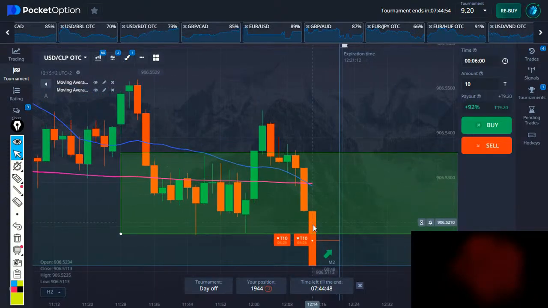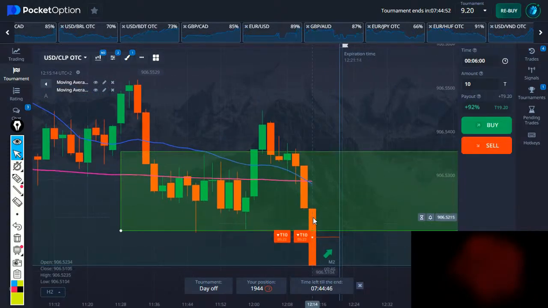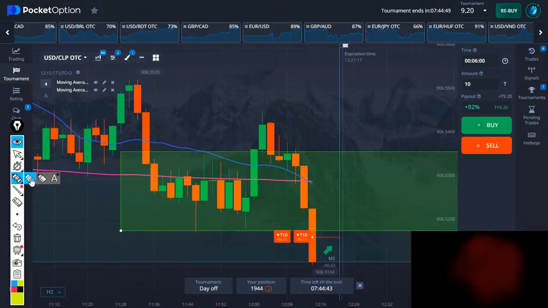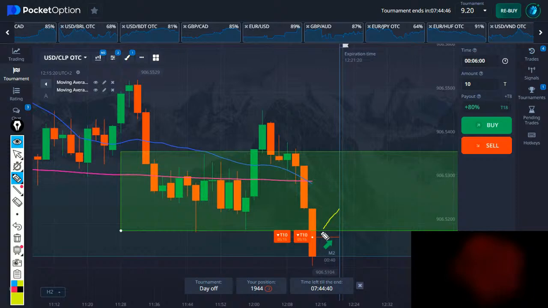If you see a very powerful bar, don't wait for the last 30 seconds. I took it over here. It was very powerful, lots of momentum. So I took it earlier. So we have a safety margin over here.